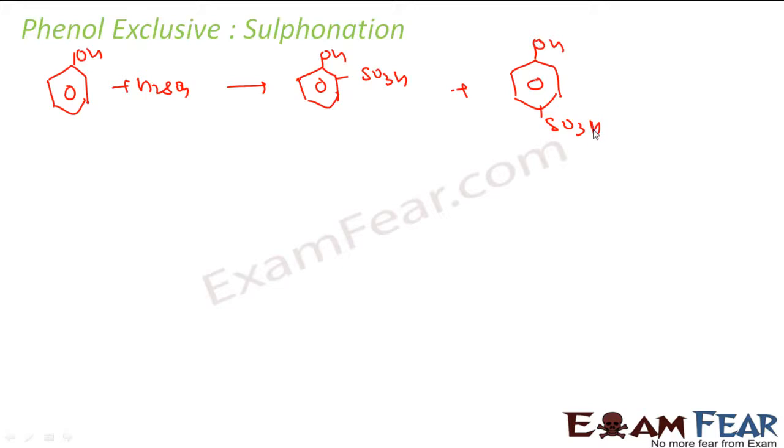Correct? So we'll see the reaction mechanism for this. See, for H2SO4, the species involved in the reaction is this, SO3, and this is electron deficient.